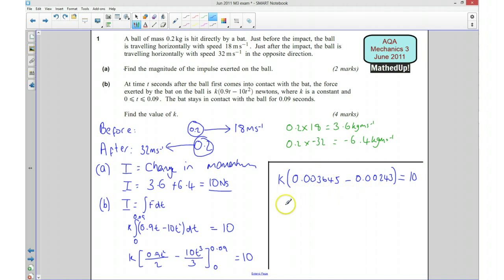Working this out, I've got 0.00115k is equal to 10, and divide both sides by this, and I get k is equal to 8,230, and that's to the nearest whole number.